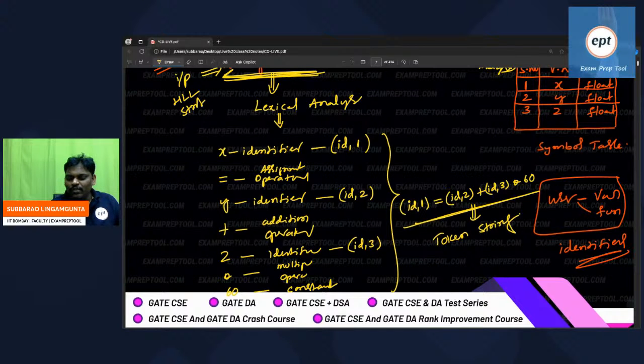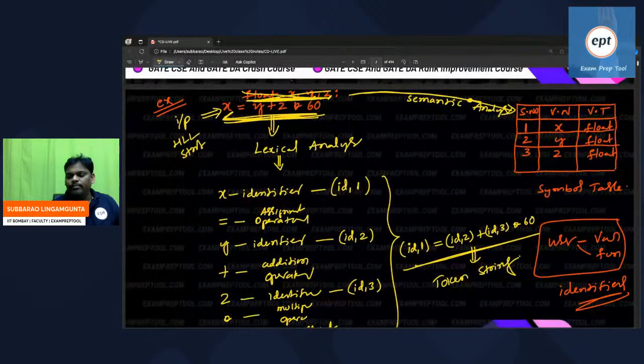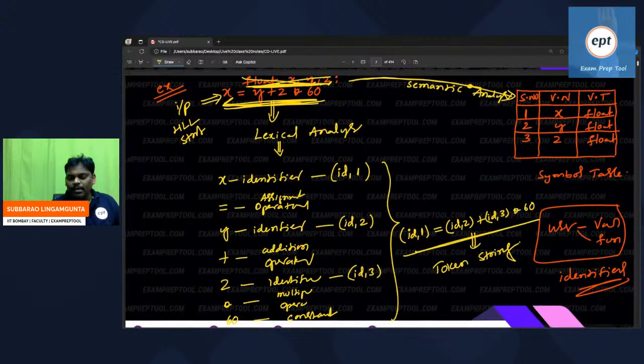Chalo then, everything is fine. I think people got the clarity. Just remember only one thing: the lexical analyzer divides the given program into tokens. That's it. I said it again and again in different ways. It will do just tokens.